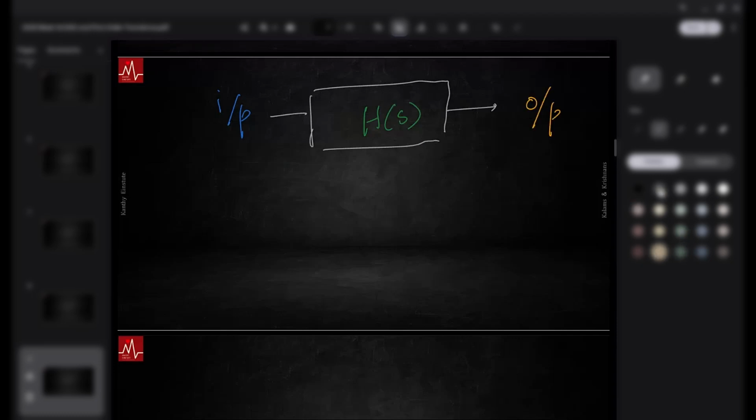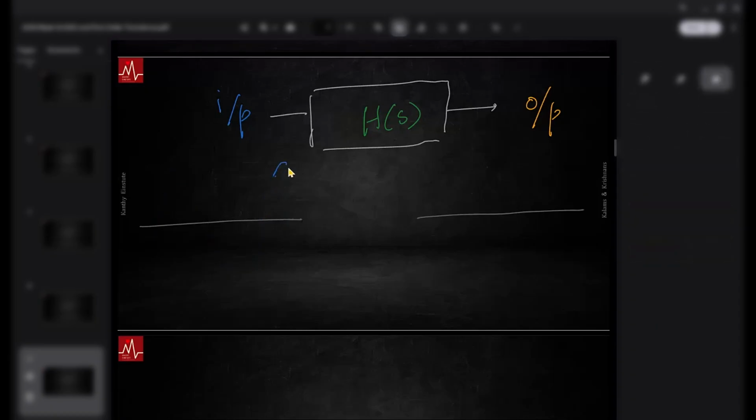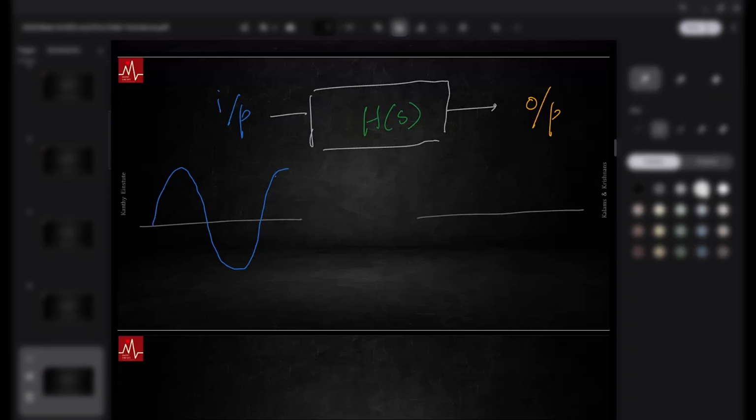Your input looked something like this, and it had a 50-degree phase.